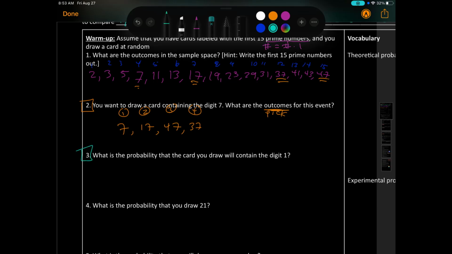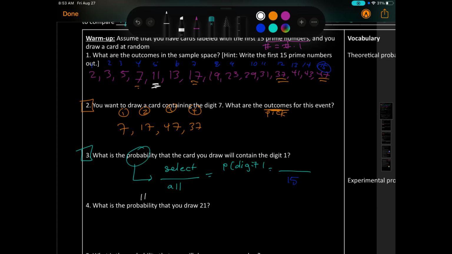Question number 3. What is the probability that the card you draw will contain the digit 1? Okay, remember, probability is the number you want divided by all the possible outcomes. So here we want the probability of the digit 1, which is equal to the count out of all of them. How many numbers do we have there? 15 numbers from up here. And which ones have the digit 1 in them?